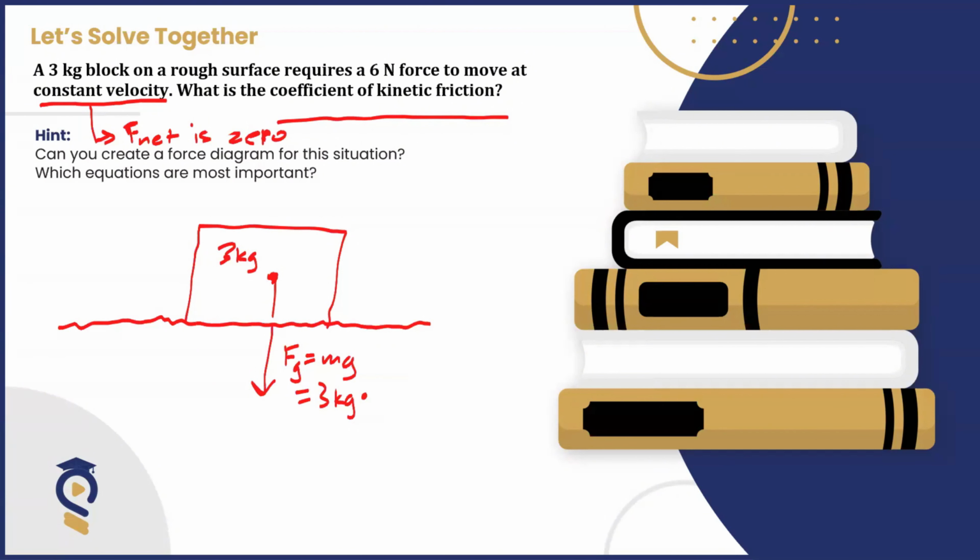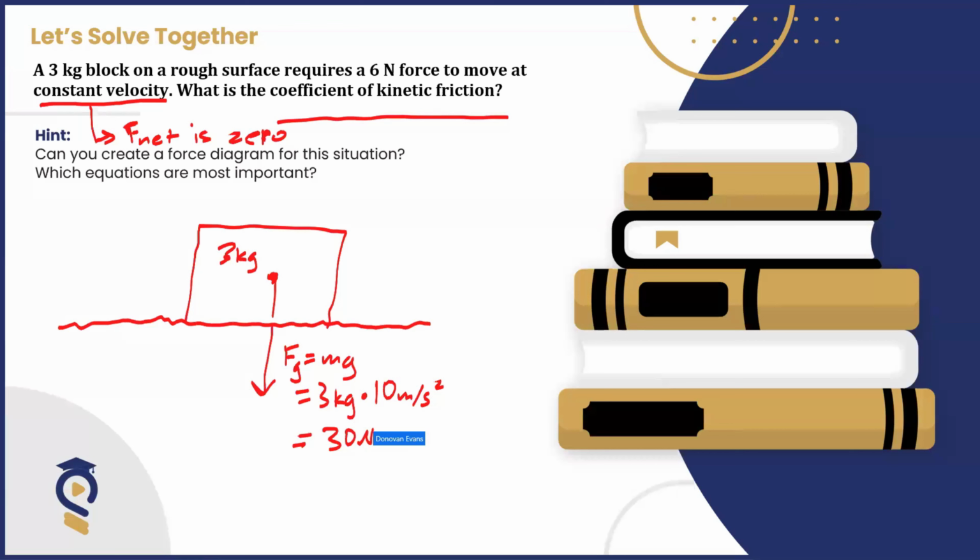All right, so obviously our acceleration due to gravity is more accurately 9.8 meters per second squared. But for the sake of this problem, we'll go ahead and just say that is 10 meters per second squared. All right, so that means that our force due to gravity in this case is 30 newtons.